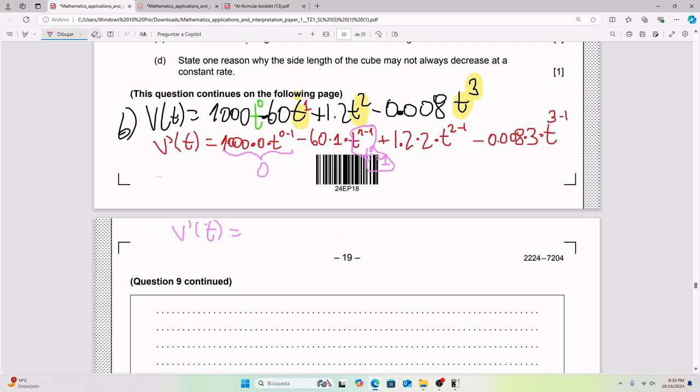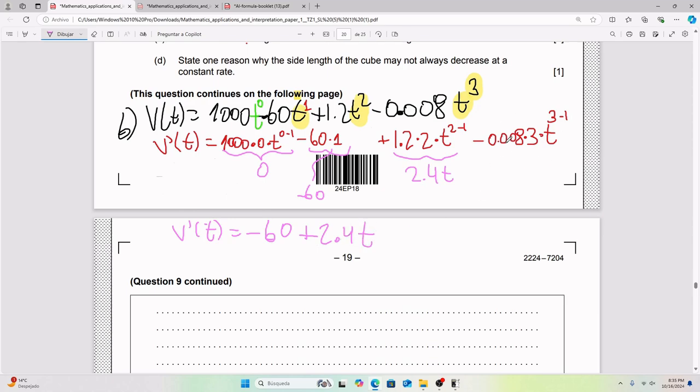See, we don't really care about that. All I really end up with is minus 60. ¿Vale? So this next term is going to be minus 60. This ends up being 1.2 times 2, so 2.4 times t, so plus 2.4 times t.